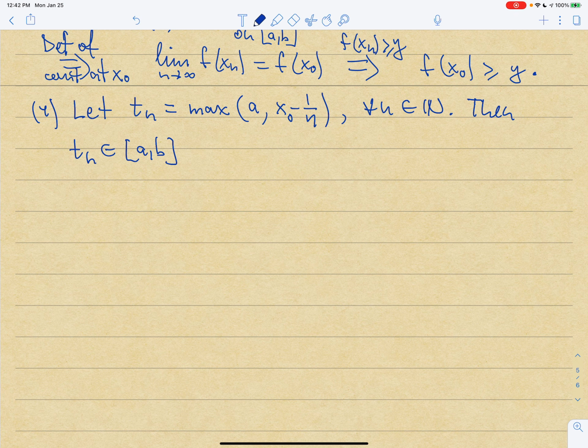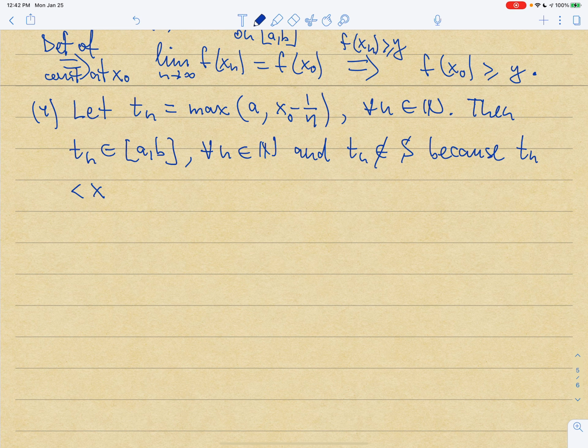So then all Tn's belong to the interval from a to b, again, for any n greater or equal than 1, or just repeating what I wrote in the previous line, for any n in capital N. And Tn does not belong to S because Tn is smaller than x0, right?